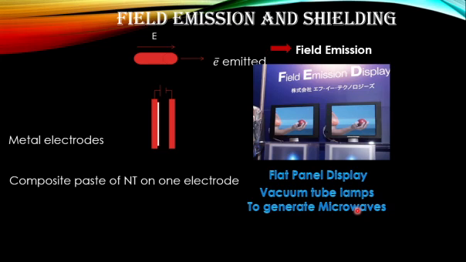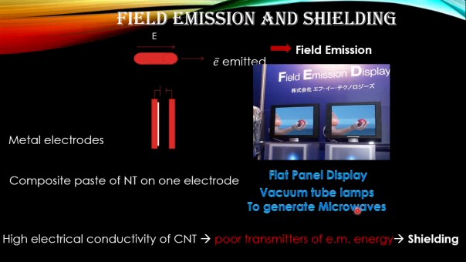Similarly, you can consider carbon nanotube as a highly conducting material. So it will act as a poor transmitter of electromagnetic energy, and hence it will shield off the electromagnetic energy, and that is very much necessary in this digital era, because many of the communications are happening in the electromagnetic region, and hence you require shielding of electromagnetic energy in strategic areas like military areas and all.